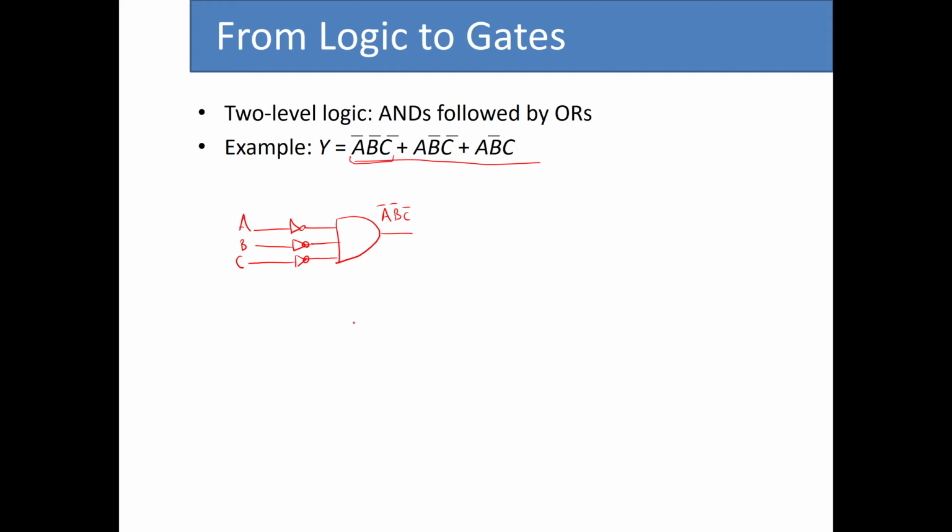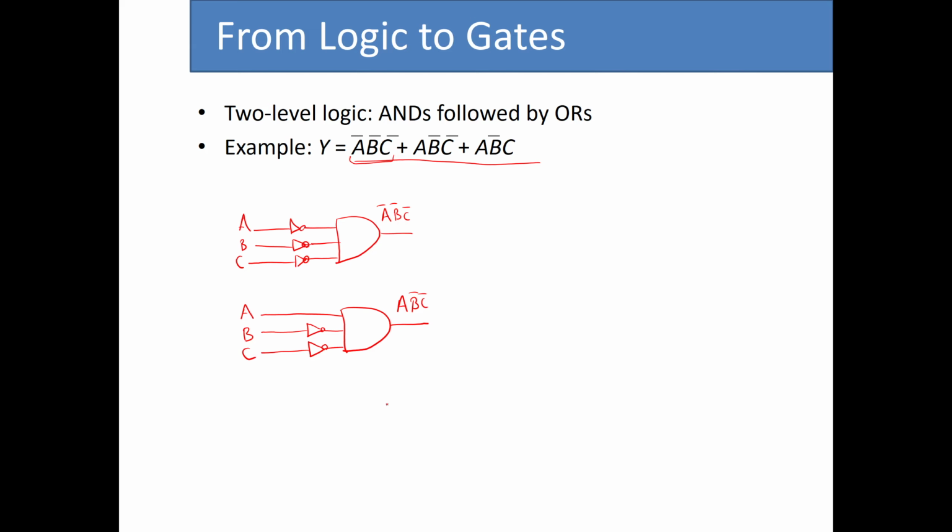Then for the next one, again we can use a 3-input AND gate to create a b bar c bar, and again here for some of them we need to have a NOT gate. So a is by itself, so we don't invert it, b we invert it, and c we also invert it too.